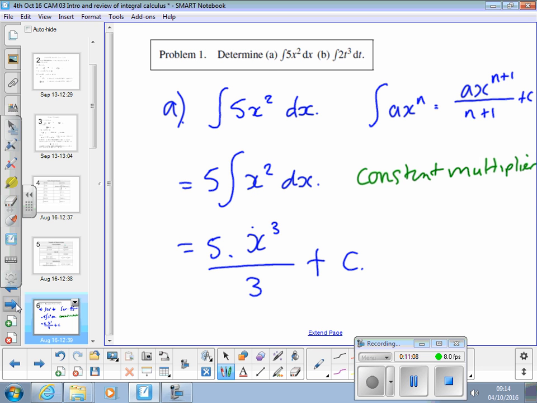If we write that a little bit tidier, and then differentiate it, do we end up back where we started? If we differentiate a constant, it will disappear. And what do we do if we differentiate that?